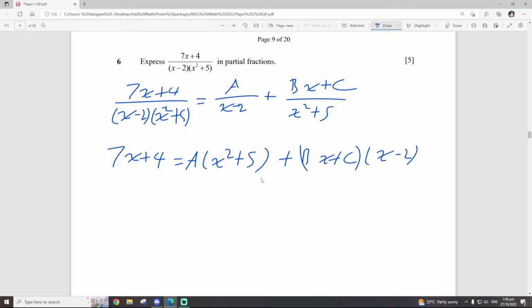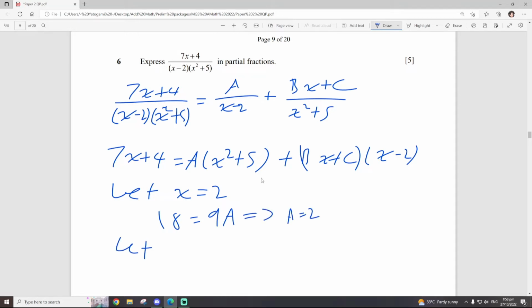Okay, so let's solve for a first. To solve for a, let x equal 2, so that this is 0 and the whole thing over there is 0. You will get 18 equals 9a, which implies that a is 2.